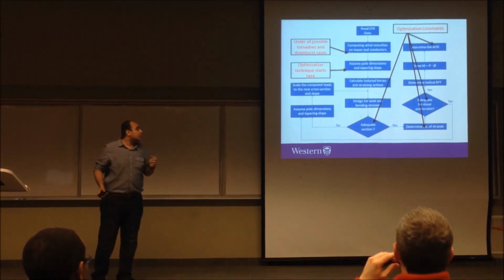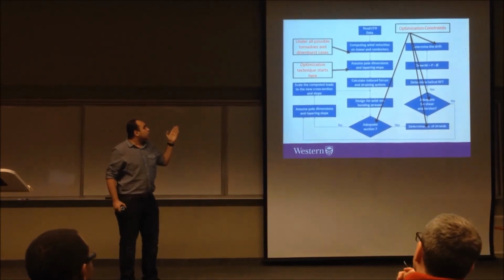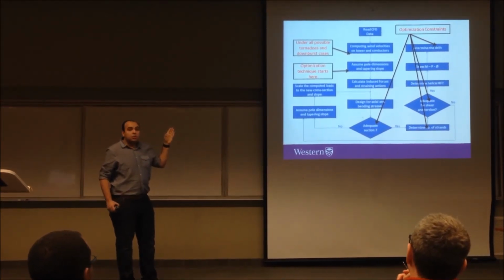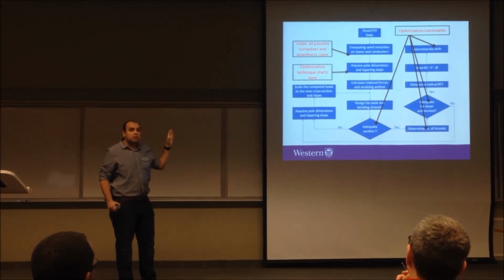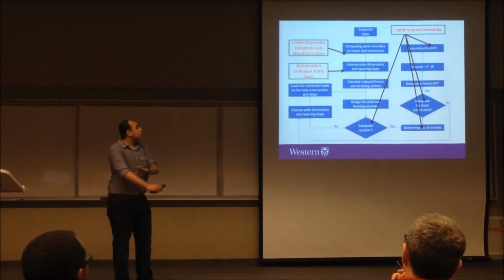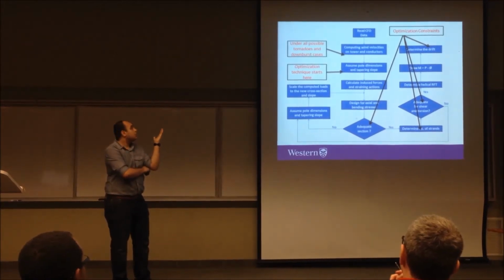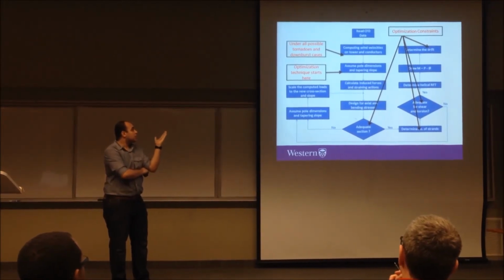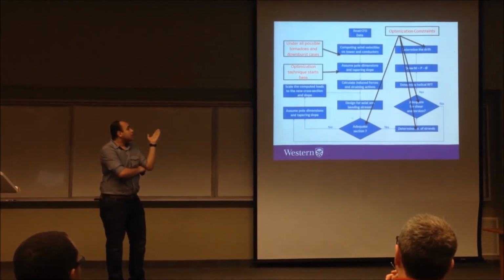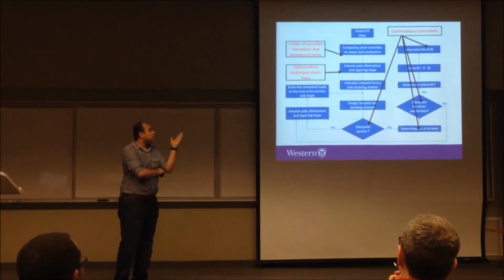So for optimization, we apply the local intensity wind events, all the possible tornado and downburst cases, on the concrete poles, and we assume different pole dimensions and tapering slopes.